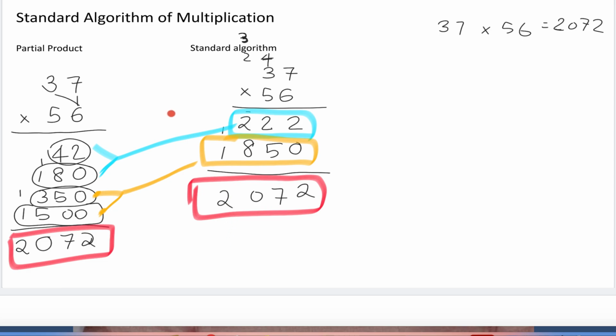So why do we have to push them to use only standard algorithm? You don't have to, right? If they prefer to use partial product because they can reduce the error, I would say, yeah, use that because that makes more sense to you. Why not doing that? I don't think it harms, right?